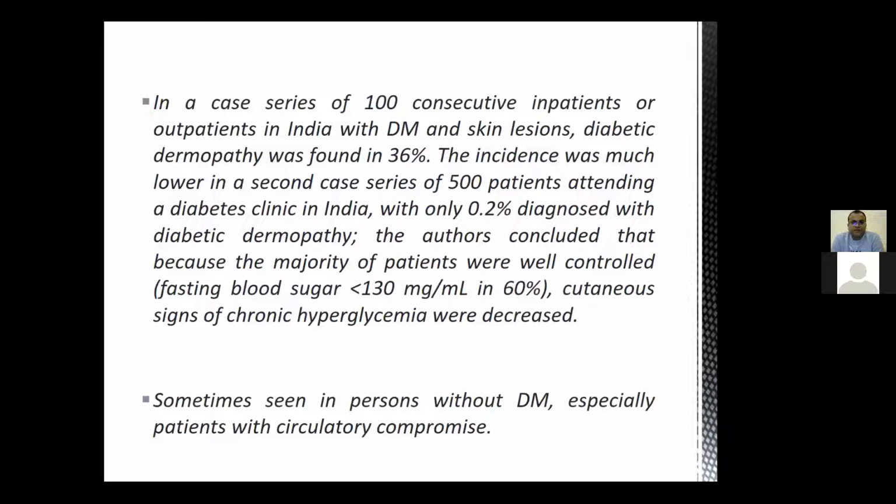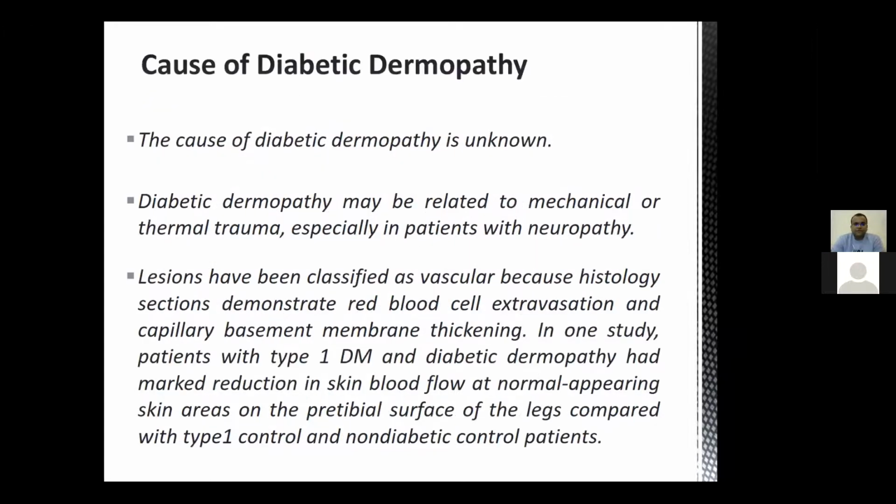The incidence was much lower in a second case series of 500 patients. The authors concluded that because the majority of the patients were well controlled, cutaneous lesions of chronic hyperglycemia were decreased. Sometimes seen in patients without diabetes, especially with circulatory compromise or peripheral arterial disease.